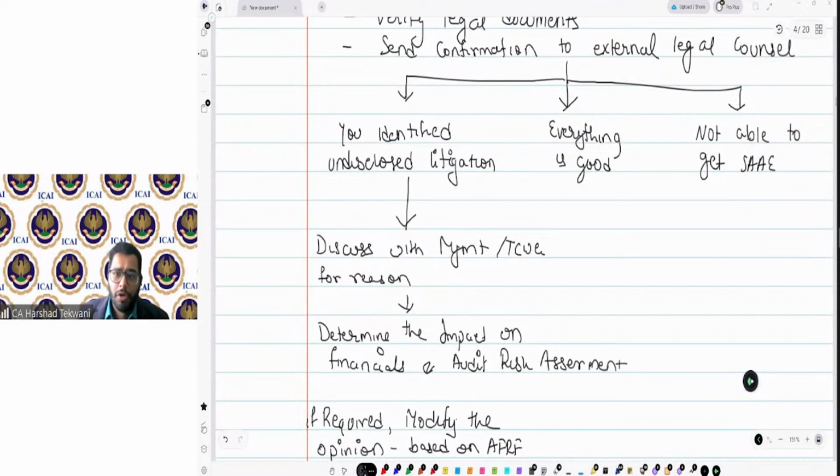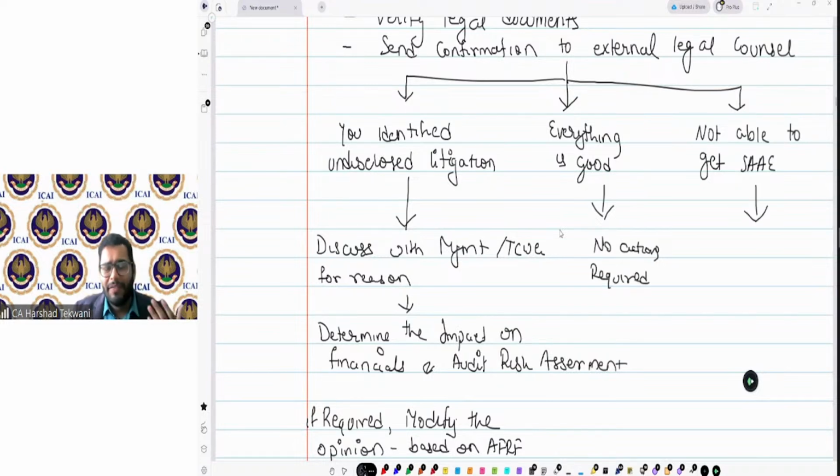Yeah. So that is if you identify. If everything is good, everything is good. There is nothing to do, no further actions required. And if you are not able to get sufficient and appropriate audit evidence, simple, modify the opinion.